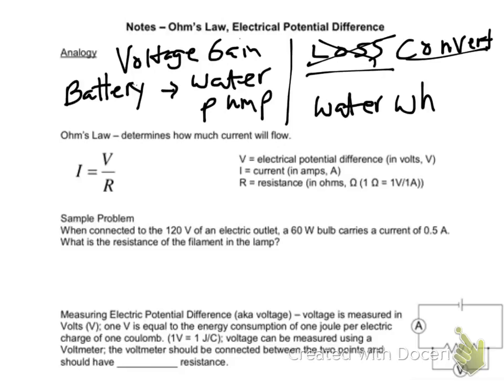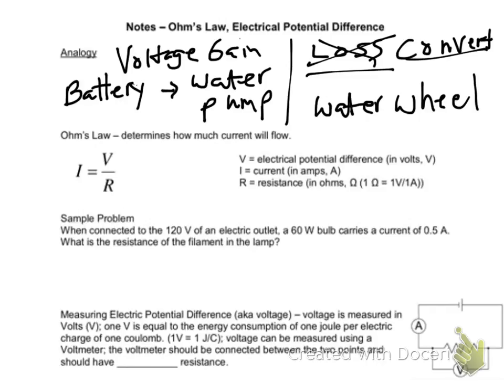What does a water wheel do on a river? Well, it takes the kinetic energy of the water itself and turns it into some rotational kinetic energy for the wheel. So we're taking some energy away from the water and giving it to the wheel. So that's what happens with a resistor. We're taking some electrical energy away from the electron and we're giving it away as thermal energy, like heat. So that's going to be our analogy here.